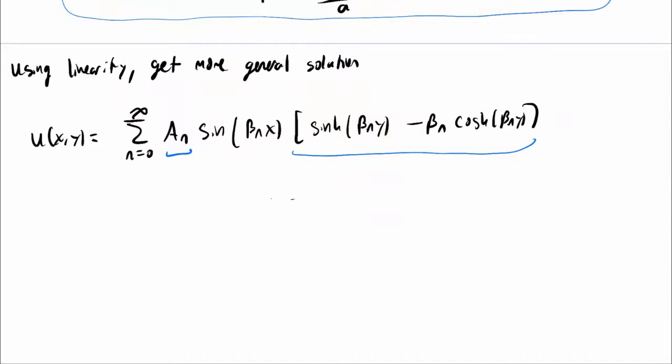If you fix y and view this as a function of x, then I just have some coefficients times sine of beta_n x. And so this looks a lot like a sine Fourier series. It's not quite a sine Fourier series, but it's going to essentially reduce to that type of problem.